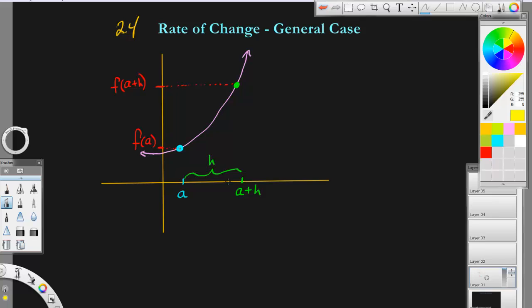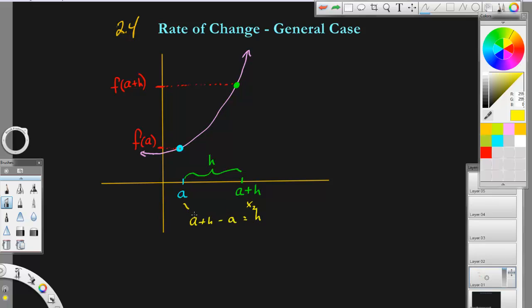This time we know that the difference between this blue point little a and this green point a plus h is h, because if I actually subtracted the two, a plus h minus a, I would get h. Okay, so that's the difference. That's like taking x2 minus x1, like we did yesterday.